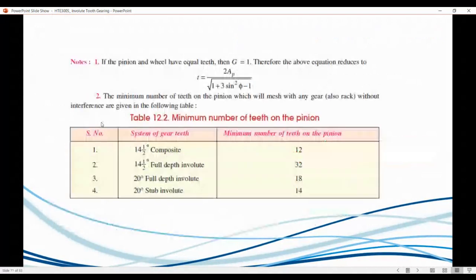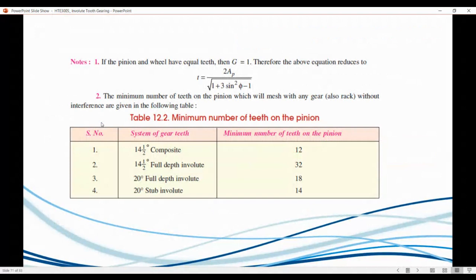The same thing again, if you have equal gear ratios there's a quick thing there, but that doesn't tend to happen. Furthermore, they're giving you different angles. They say if you have a 20-degree stub involute, for instance, or full depth involute, there's a limitation on your number of teeth.